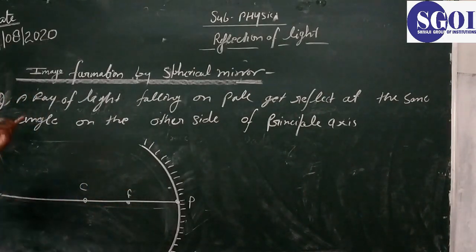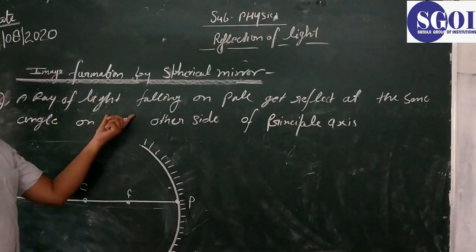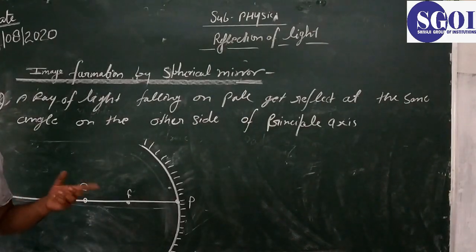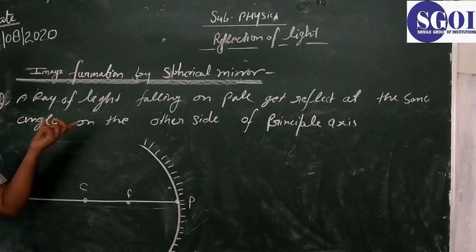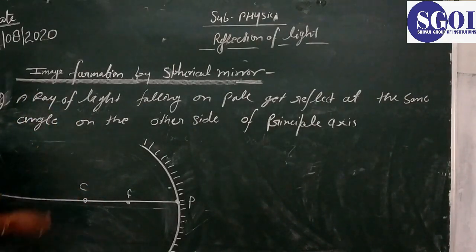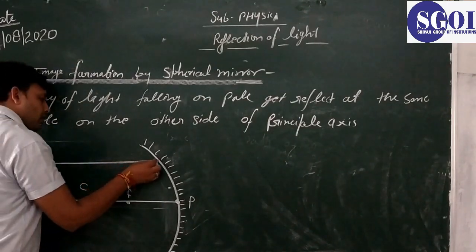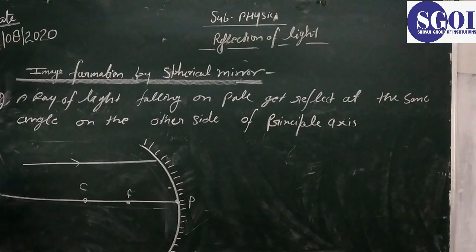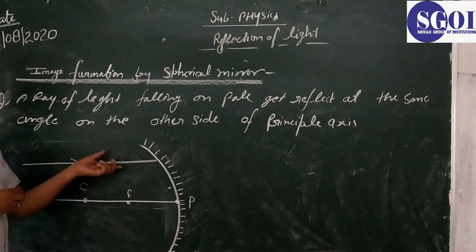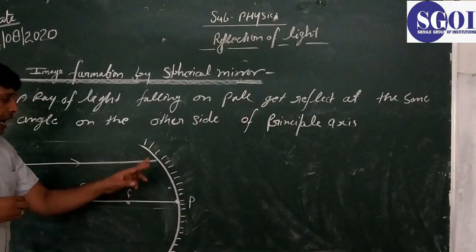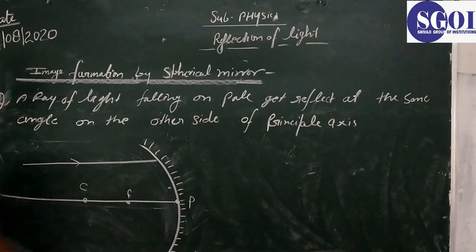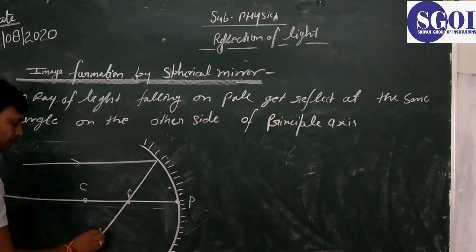According to the tips, first, second and third, let me repeat the first tip. A ray of light coming parallel to the principal axis, incident on the concave mirror, after incidence is reflected and passes through the focus point.